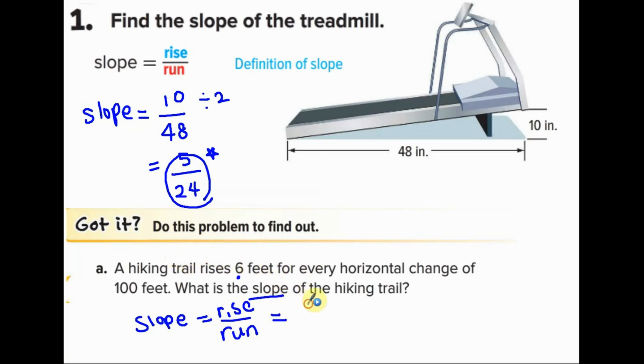So I'm going to put 6 on my numerator, over the horizontal change, which is 100 feet. Remember, the horizontal change is the same as the run part. So I would get 100 on the bottom. One more step: you need to simplify. If I divide by 2 on top and bottom, the numerator becomes 3 and the denominator becomes 50. And as I see, this is the simplest form.